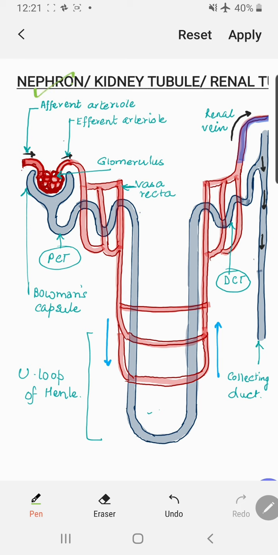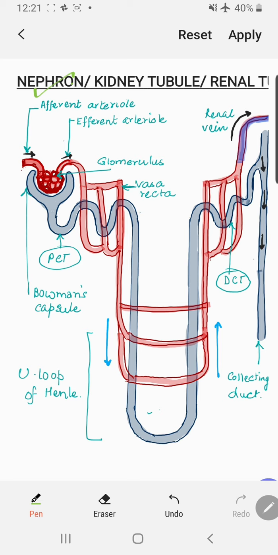Nephron. So Bowman's capsule is the saucer-shaped structure just enclosing the glomerulus deep within, so that whatever comes out of the glomerulus is actually taken up by the Bowman's capsule.